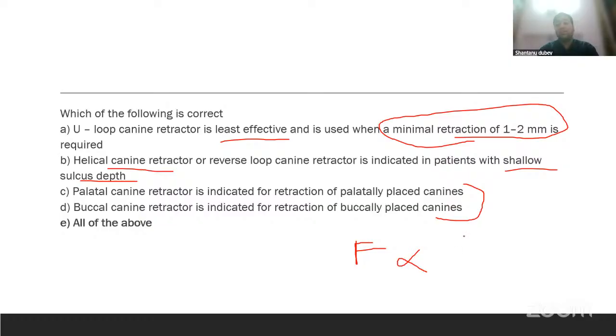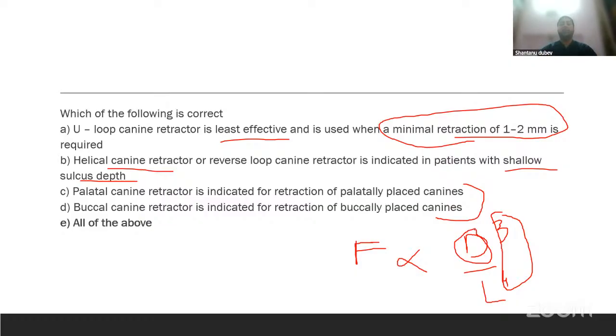Force is directly proportional to D cubed, the diameter of the wire. Even if we forget the powers, we all know that force is directly proportional to the diameter of the wire. There's nothing so great about it: if the wire is thicker, the diameter is greater, hence the force is also greater. Imagine a very thin wire.